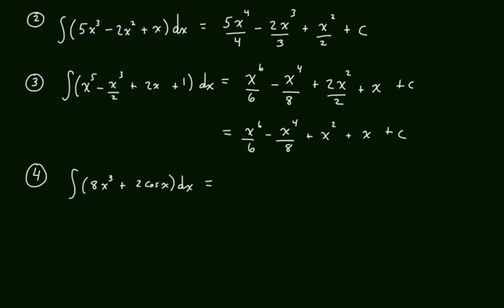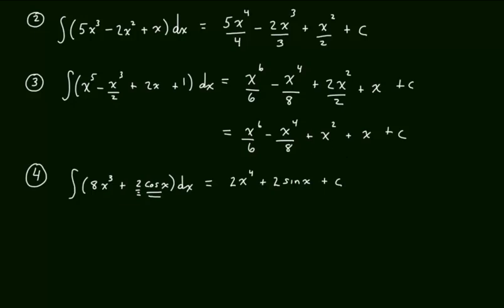So we're going to have 8x to the power of 4, and then I'm going to divide by the 4. But when I divide by the 4, it's going to reduce the 8 over 4 to simply be 2. Then it's plus, and now I have this 2 in front of a trig, and it's going to get pulled out as 2. And then the antiderivative of cosine of x is simply the sine of x plus c.